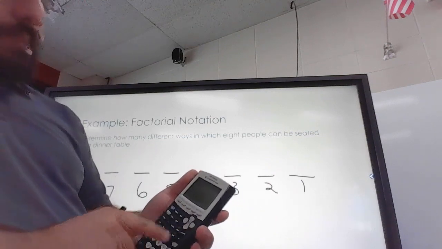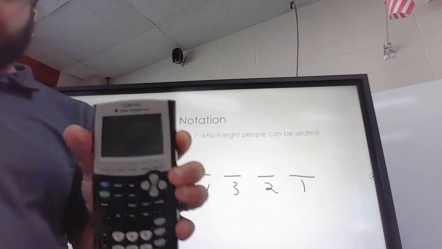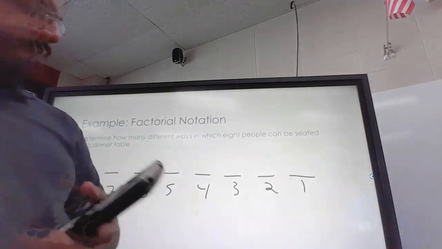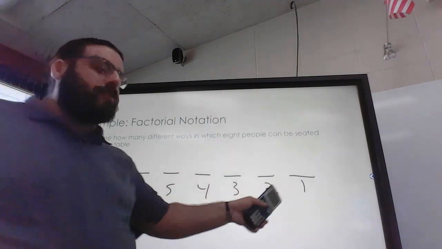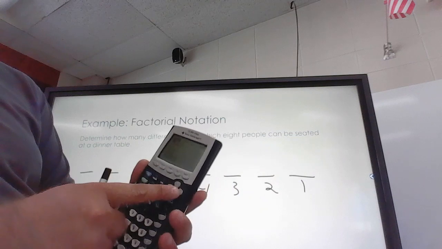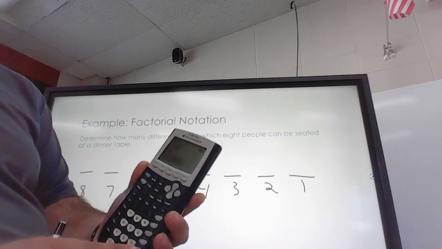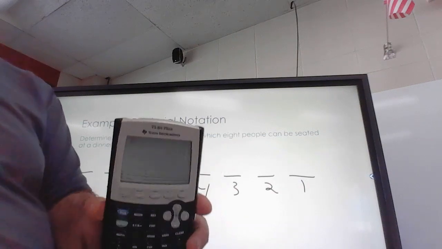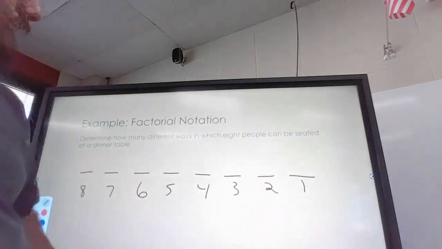The first 2, nPr and nCr, we're going to talk about a little bit later. The 4th one is your factorial option. So you can calculate yourself, 8 times 7 times 6 times 5 times 4 times 3 times 2 times 1. Or I can press 8, go to the math section, scroll to the probability section, choose option 4, 8 factorial, which gives me 40,320.